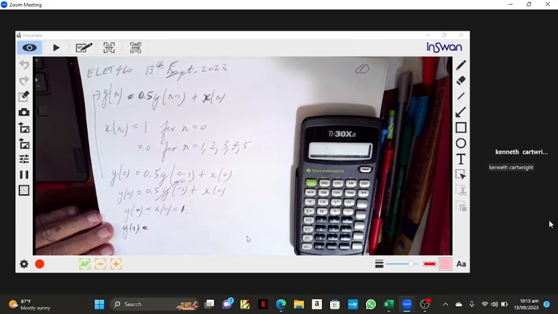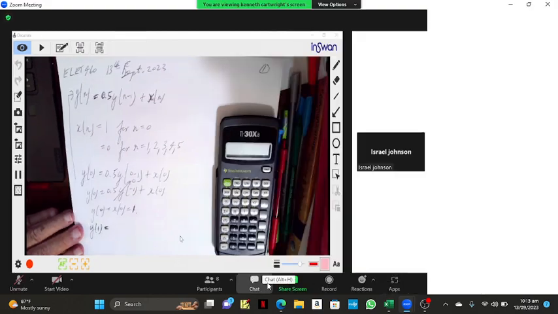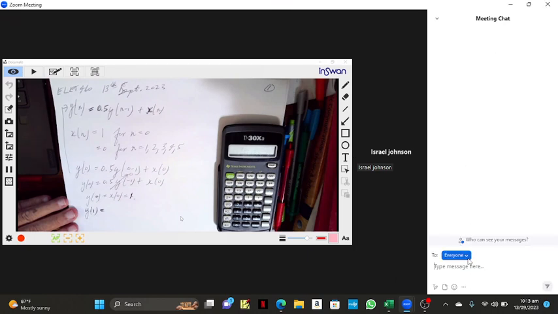I have a question. See that 0.5 y of -1? Why did you make that zero again? What's the value of y of -1?